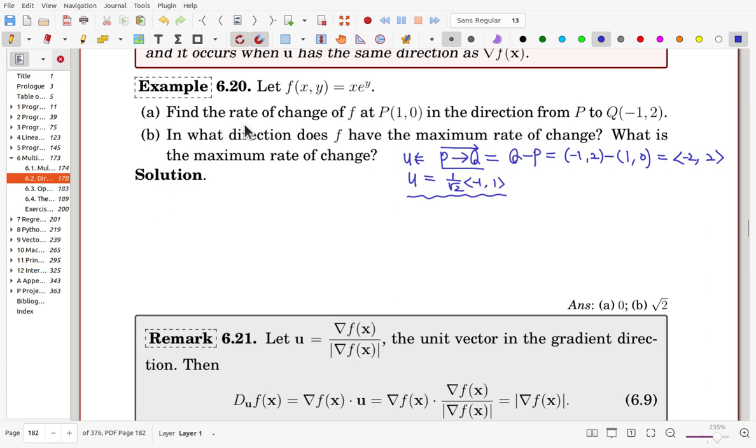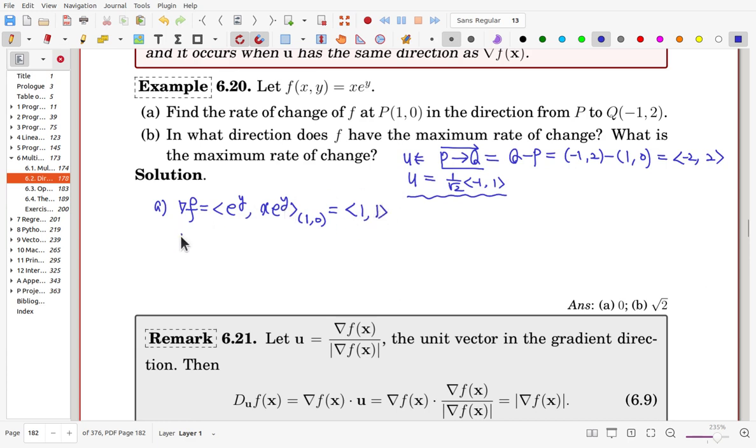Now we want to find the rate of change of f at (1, 0) for the function here. So start with the gradient of f. This time we'll write it horizontally: the x derivative is e to the y, and the y derivative is x e to the y. Now we are using (1, 0): x is 1, y equals 0, so that is 1, and again that's 1.